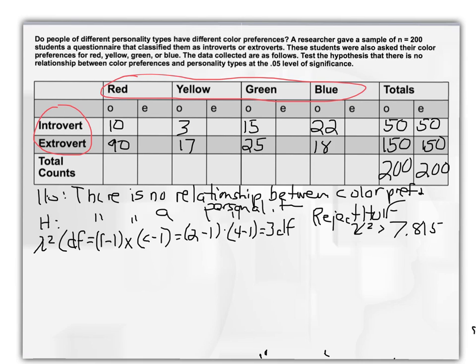In trying to get the expected frequencies, the next step should be to compute your total counts for each color. So there were 100 people who expressed a preference for red, 20 who expressed a preference for yellow, 15 plus 25 is 40 who expressed a preference for green, and another 40 who expressed a preference for blue.